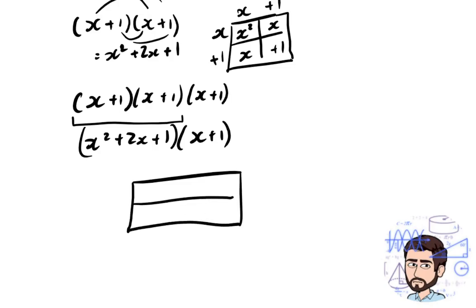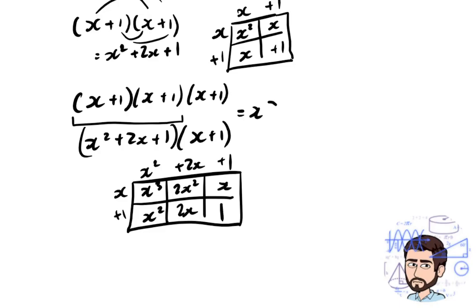I'm going to write x plus 1 here, and then x squared plus 2x plus 1, and I get x cubed, 2x squared, x squared, then a 2x, and then a 1. So my final answer to this is x cubed plus 3x squared plus 3x plus 1.